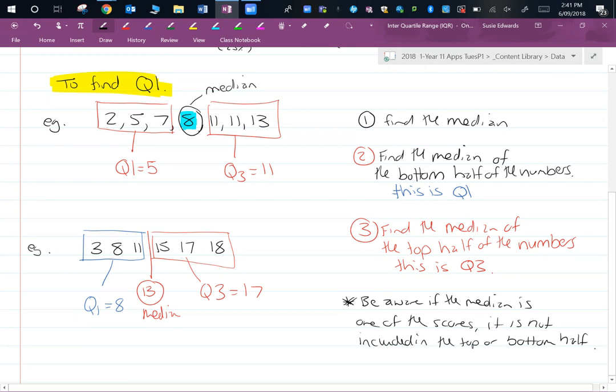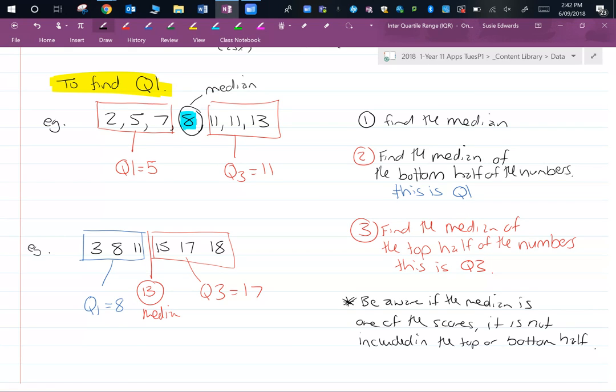It just gets discounted. For this one, I always put the line down the middle. So if my median is between numbers, I put a line down the middle and that clearly goes, that's halfway. This is on the bottom half, this is on the top half, to make it easier for you. So if you have to work out the median from two numbers, put a line down the middle, split them in half. Pretty easy? Good.